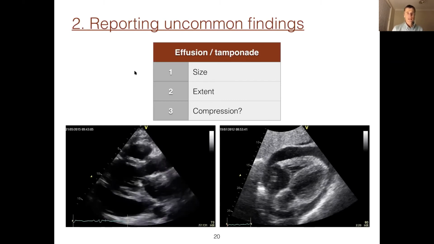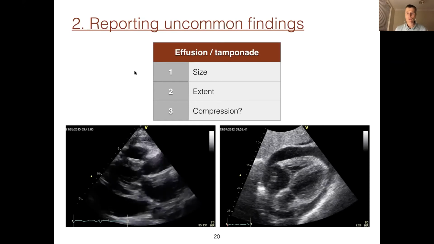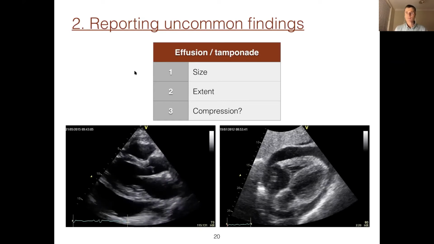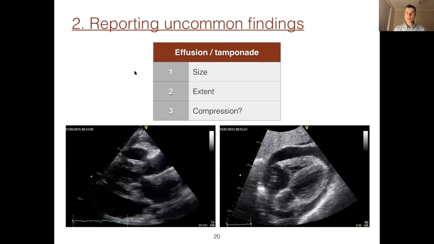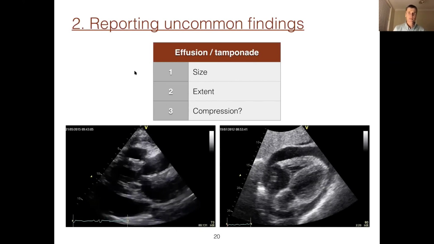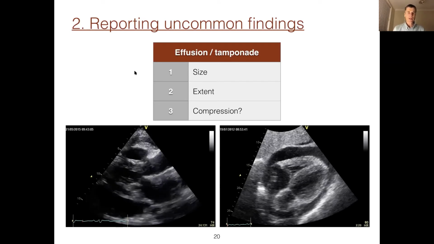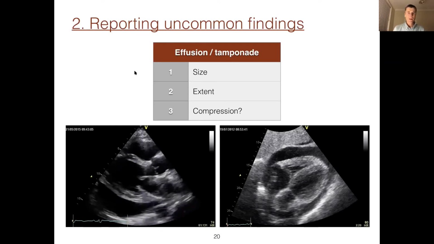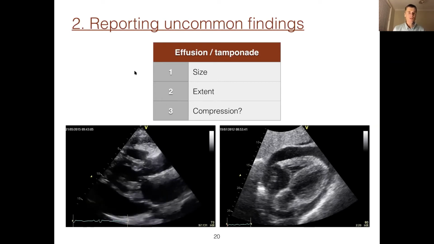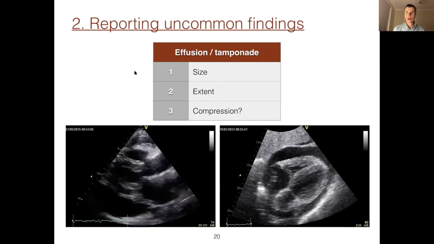So the size, we want to measure it at an angle that's not going to overestimate things. So we don't want to make things oblique. So try and do things in a way that enables you to make a measurement that's perpendicular to the line of the tissue you're measuring from out to the pericardium.